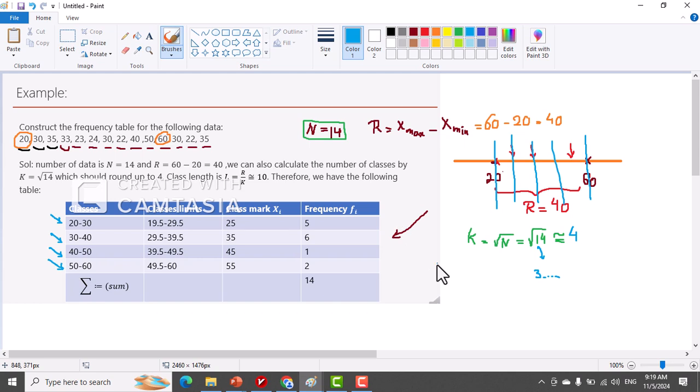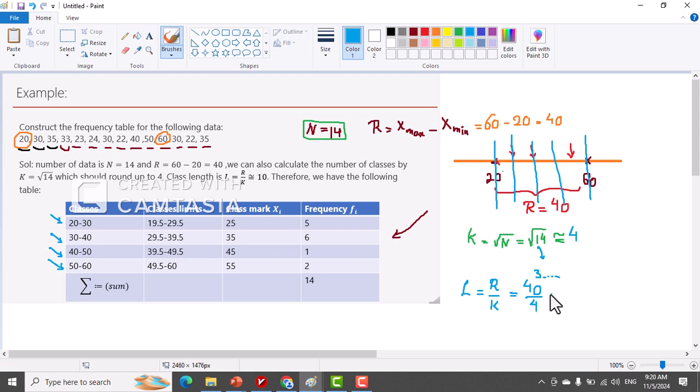For this reason, the length of each class, which we denote by L, is equal to the range over the number of classes. So the range, 40, which denotes the difference between the maximum and minimum of the data, divided by the number of classes.